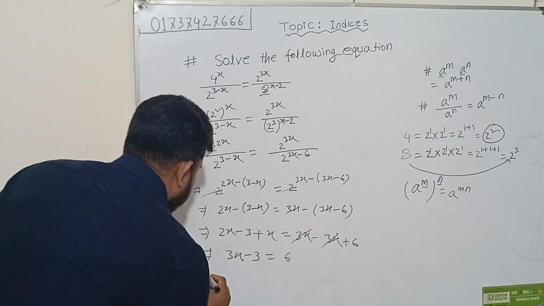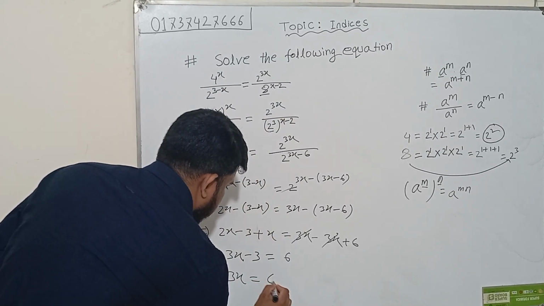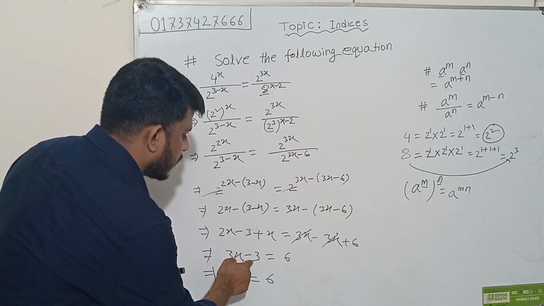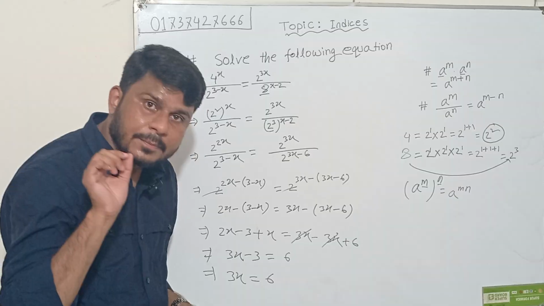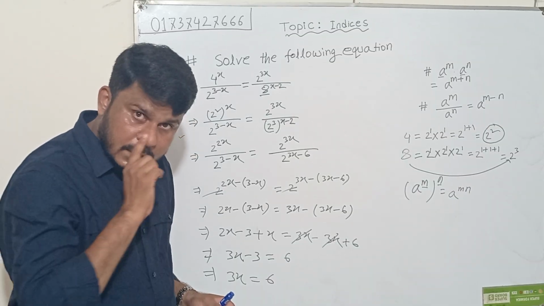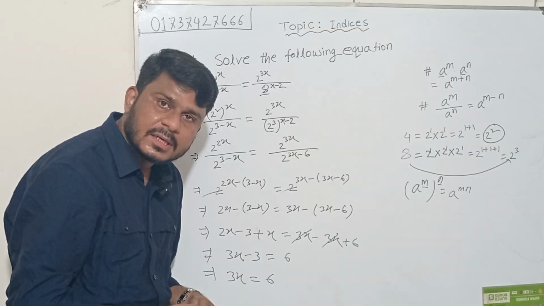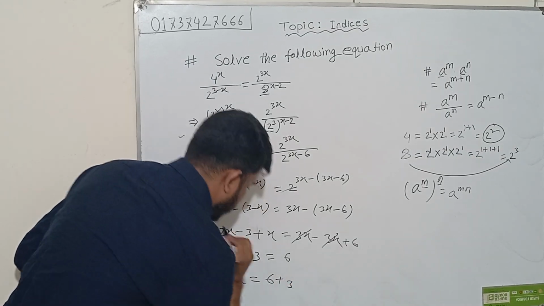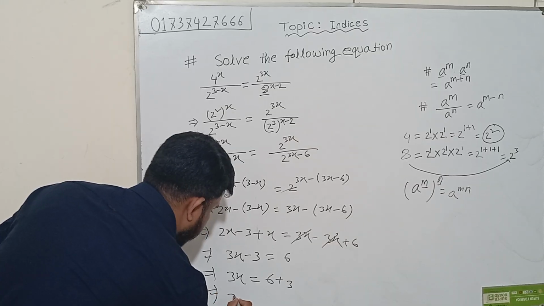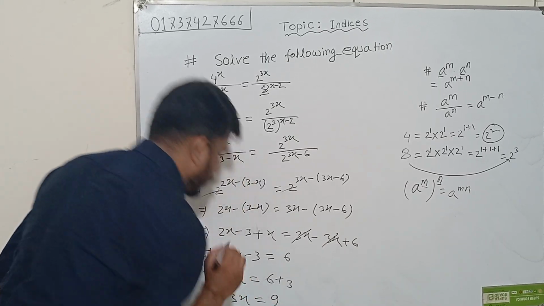Now this is 3x, and this is x, and this is minus 3, right? Since this is minus 3, if I transfer it to the right side, it will be plus 3. If it is plus 3 and I transfer it, it will be minus 3. But here it's minus 3, so it will be plus 3. And then this is 3x, and 6 plus 3 is 9.